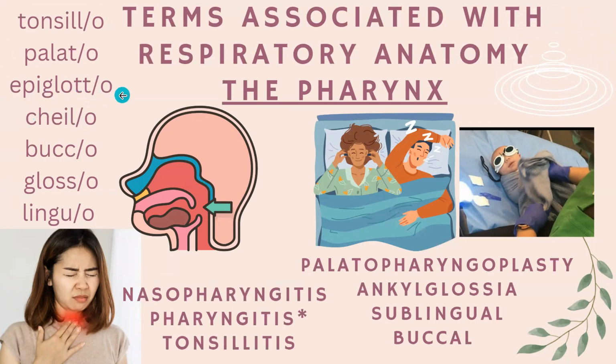Epiglot/o, I mentioned that structure, the epiglottis, earlier. So your uvula is the little punching bag in the back of your throat. So that's not what we're talking about. Our epiglottis is not really very visible, but its job is to cover the trachea when we are eating so that food goes into the esophagus.